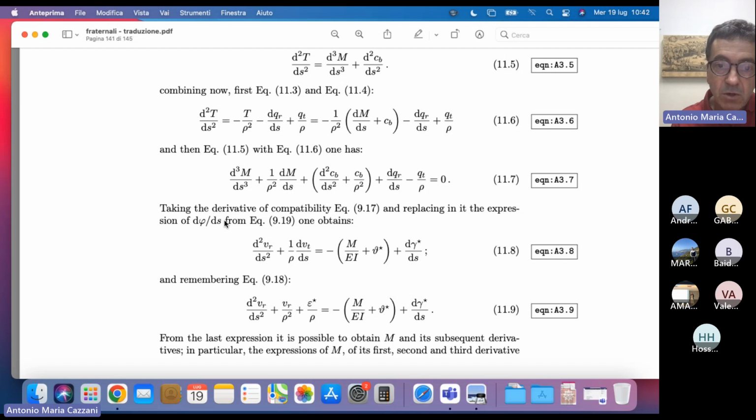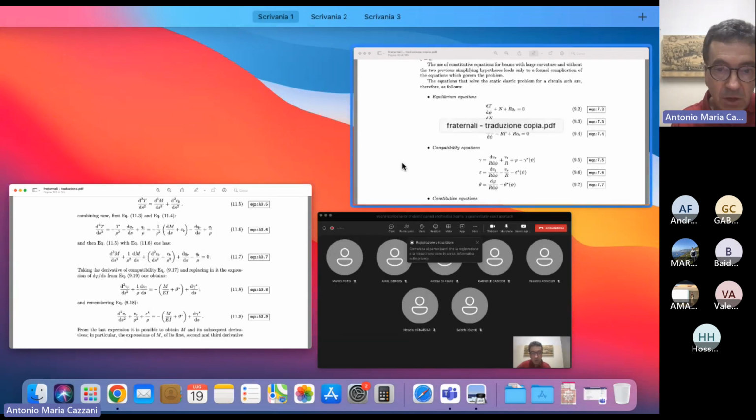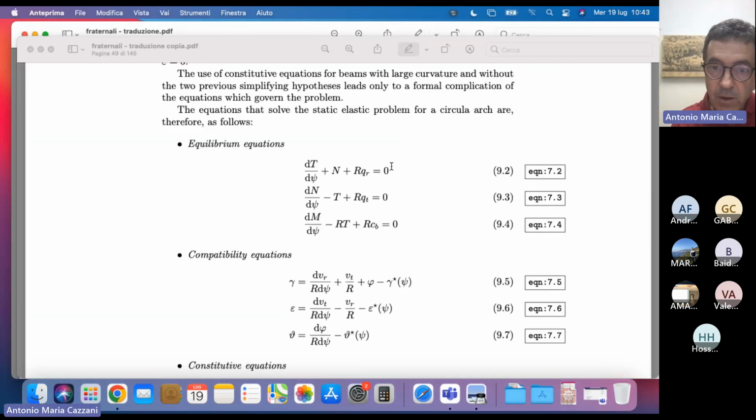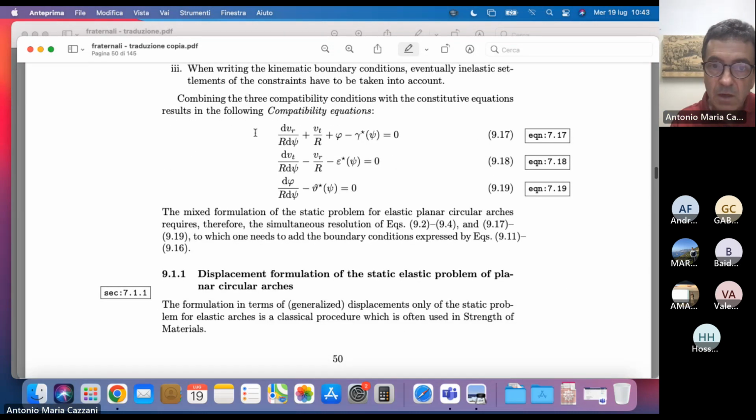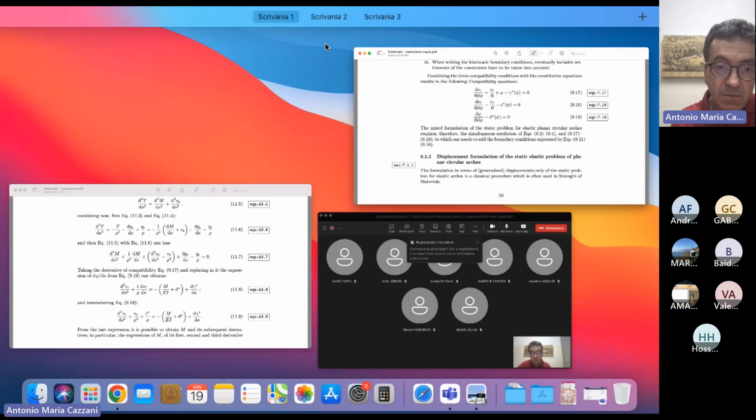So now we work with a compatibility condition which is this one, and here there is a missing term, sorry, and this links the bending moment to kinematic things, and so we proceed in this way.